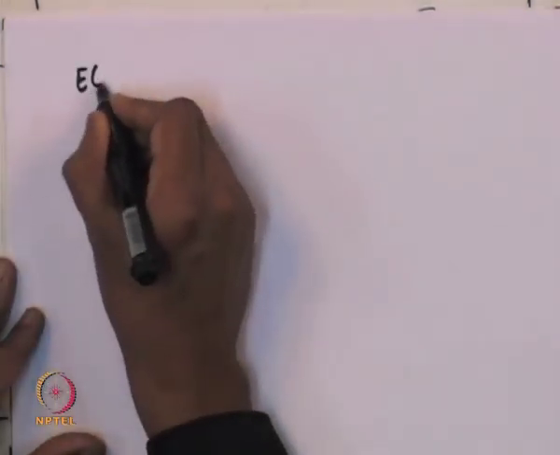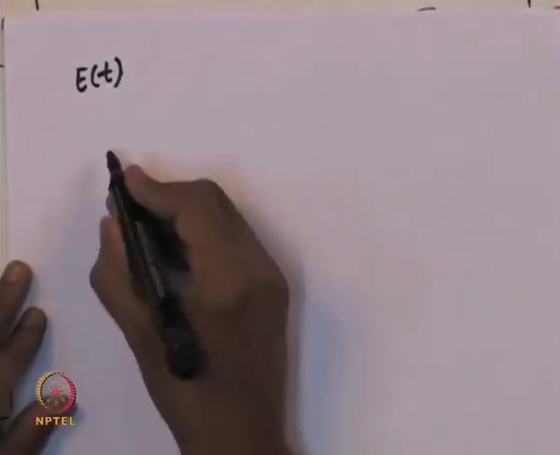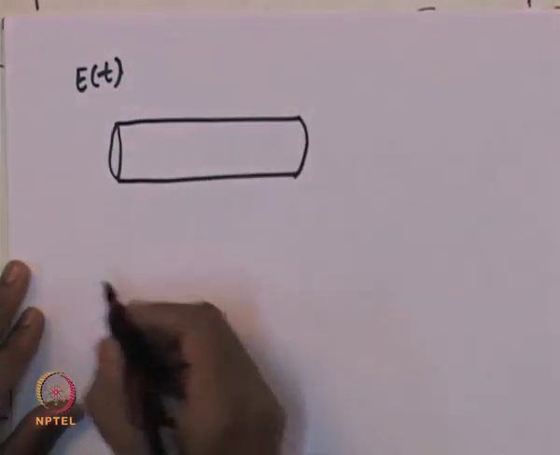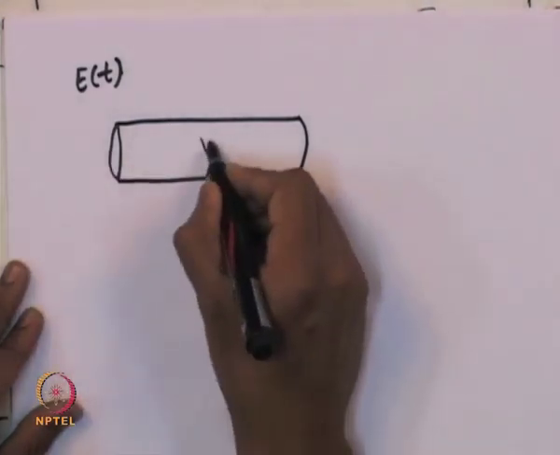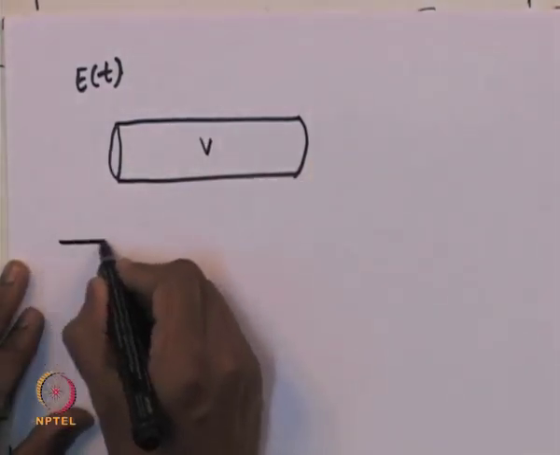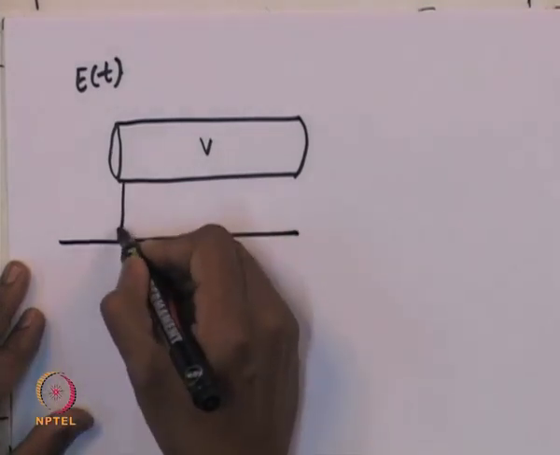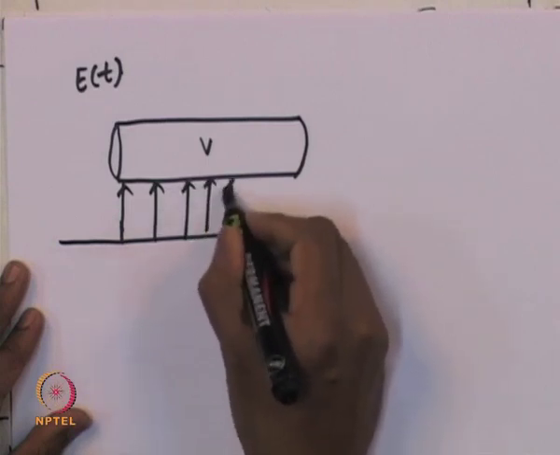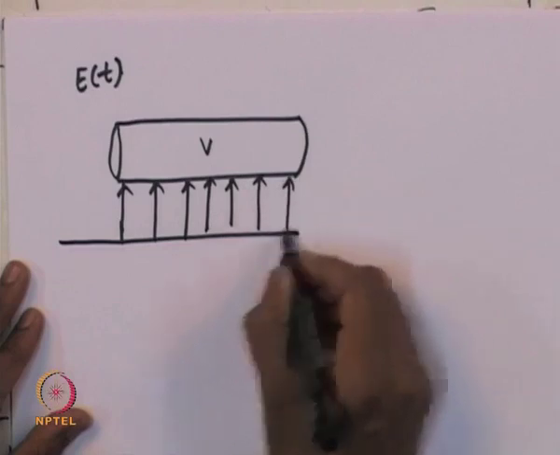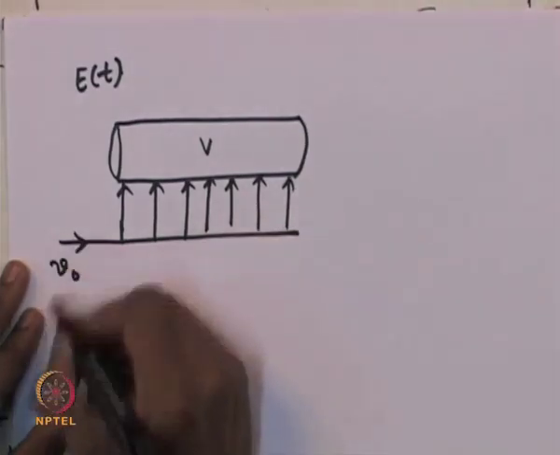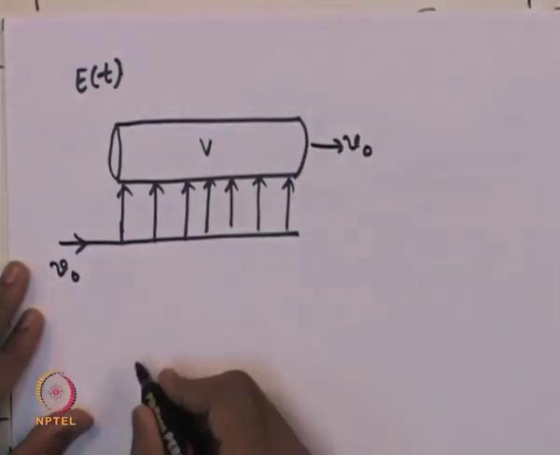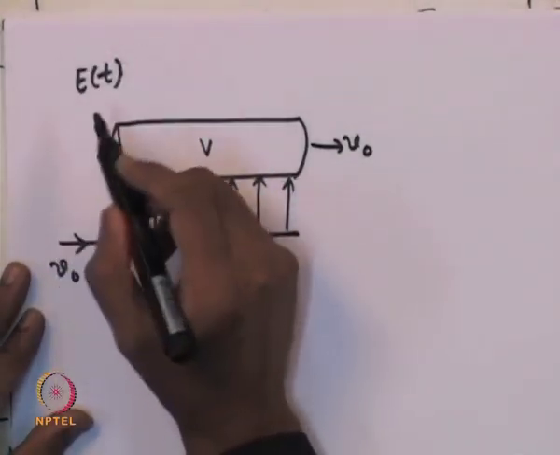So, suppose we know the residence time distribution function, the E of t of a real reactor. Then we can mimic the reactor by using a plug flow reactor, and instead of providing a feed at the entry to the plug flow reactor whose volume is V, we can feed them through the sides. We can split the feed and feed them through the side, and this feed could be according to a certain distribution function, which is the residence time function of the real reactor.